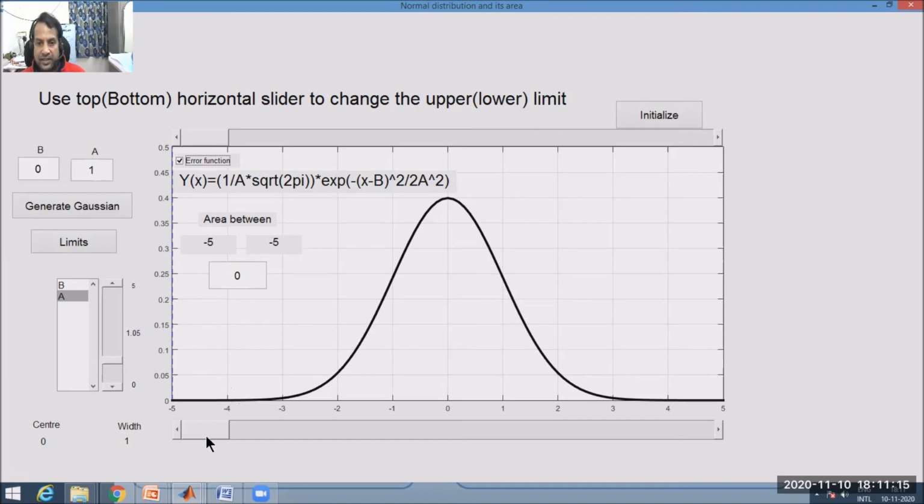Let me put lower limit at minus 5, and I'll change the upper limit in steps. Minus 5 to minus 4, you can see there's a red dot appearing. So this is the same number which is appearing here, area under the curve. I'm plotting it as a graph. Only I'm dividing this number by 2 because my y-axis limit is set to 0.5, and I know that the maximum area under the curve will be 1. So 1 is not displayed here, hence this dot should be read as this number divided by 2.